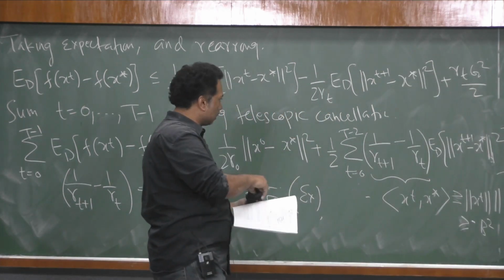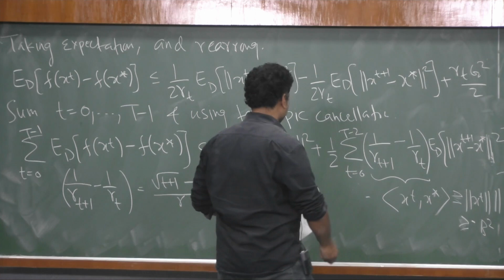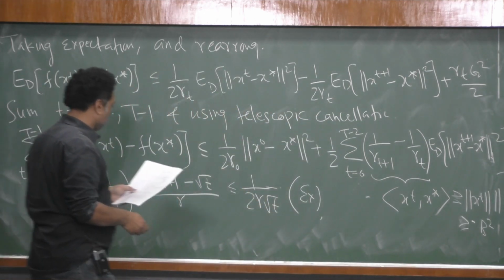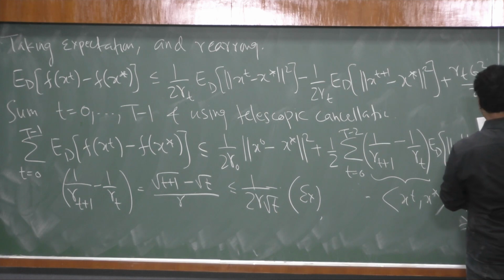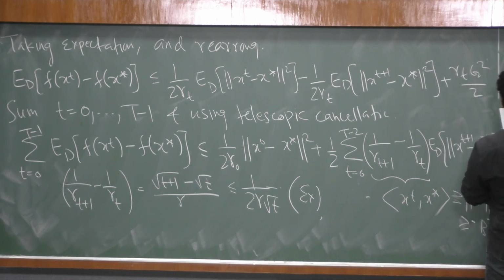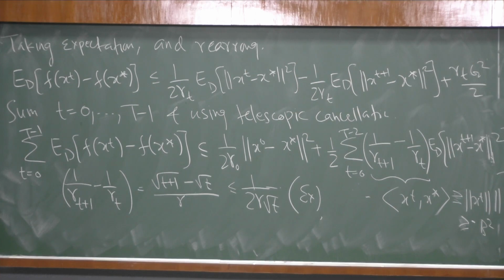You have to do a couple of bounds. So this is less than equal to, I will write down and then we will dissect this: 4b squared by 2 gamma plus half of square root of 2 by gamma minus 1 by gamma 4b squared plus half 4b squared by 2 gamma, sum over square root of t, t equals 1 to T minus 2, plus gamma g squared by 2 times the sum of 1 by square root of t plus 1, t equals 0 to capital T minus 1.